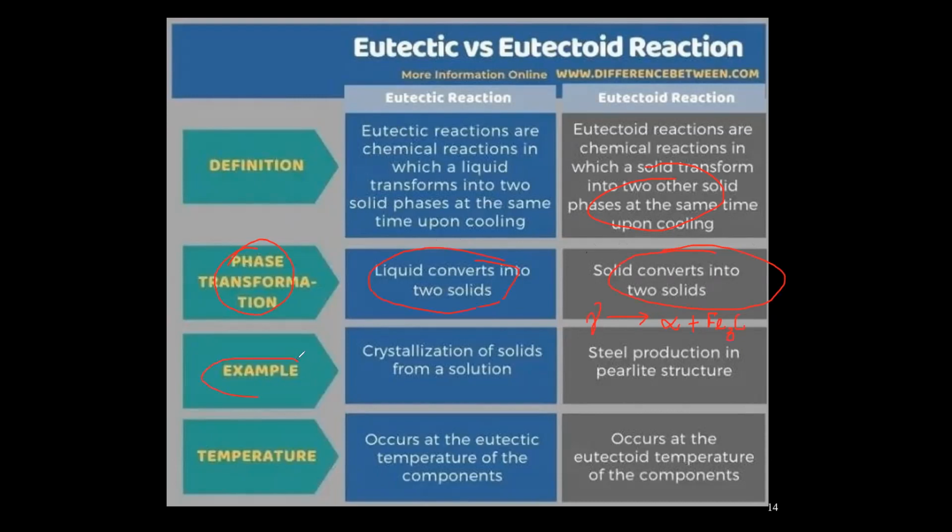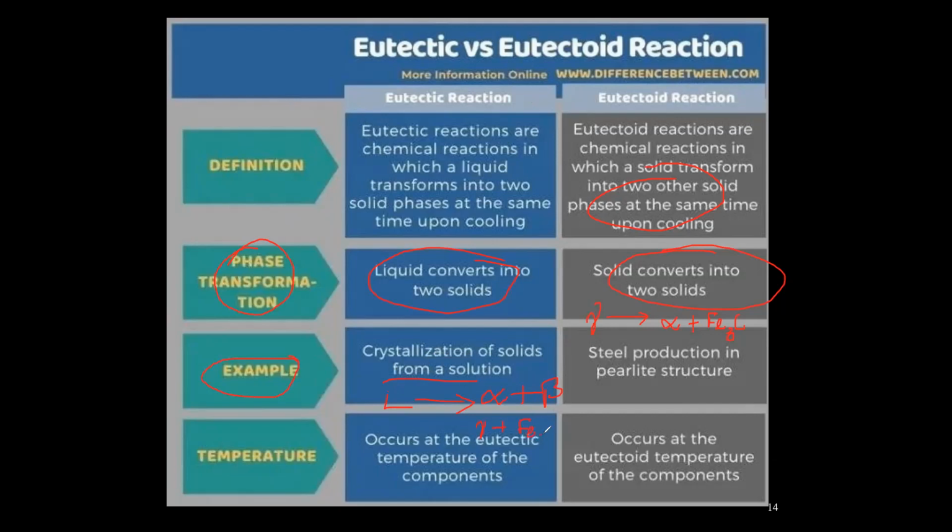Then example. For eutectic reaction, it is a crystallization of solids from a solution, which means a liquid upon cooling transforms into two solid phases, that is alpha plus beta. With respect to the iron carbide equilibrium diagram, the liquid transforms into gamma plus Fe3C.